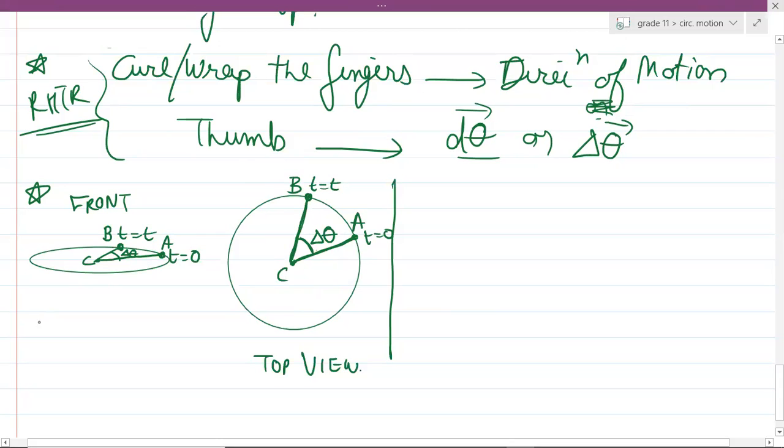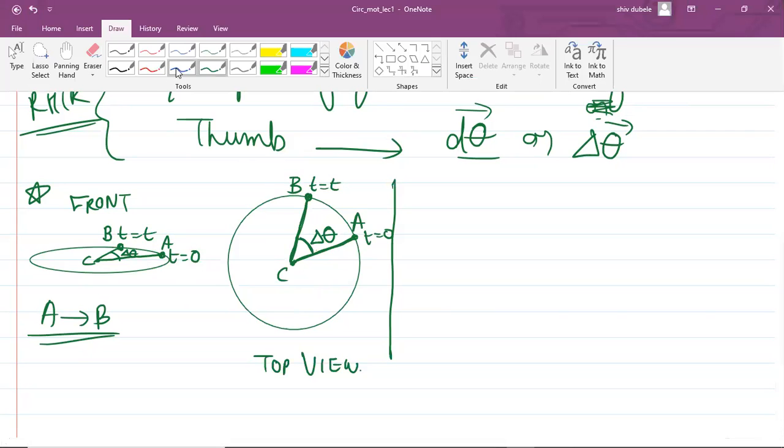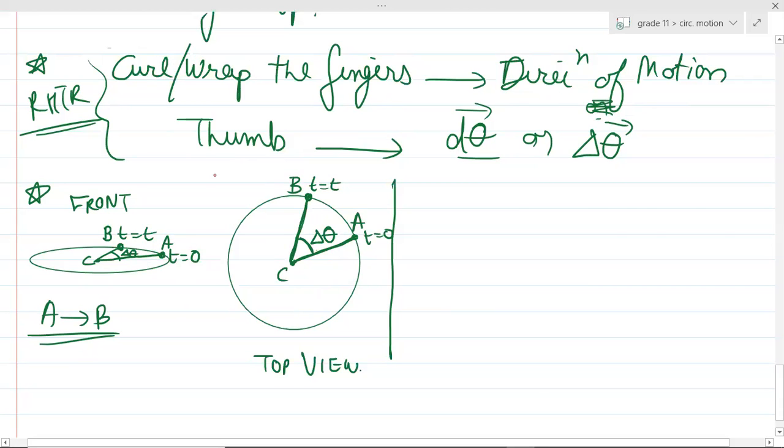If the particle moves from A to B, then move your fingers from A towards B. So when you move your fingers from A towards B, can you see the thumb is pointing towards you? Is the thumb pointing towards you? Yes or no? So here the delta theta vector will be pointing towards you.